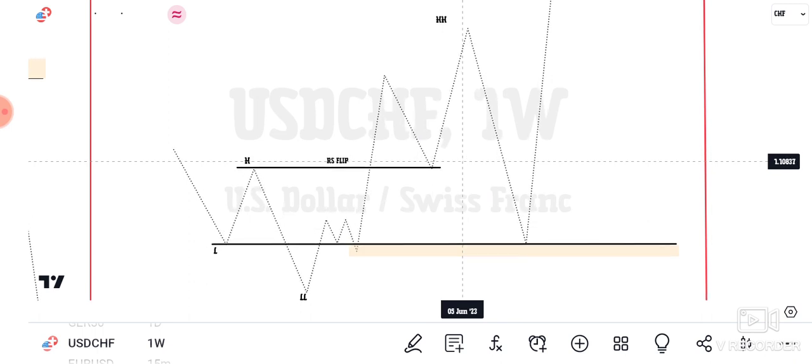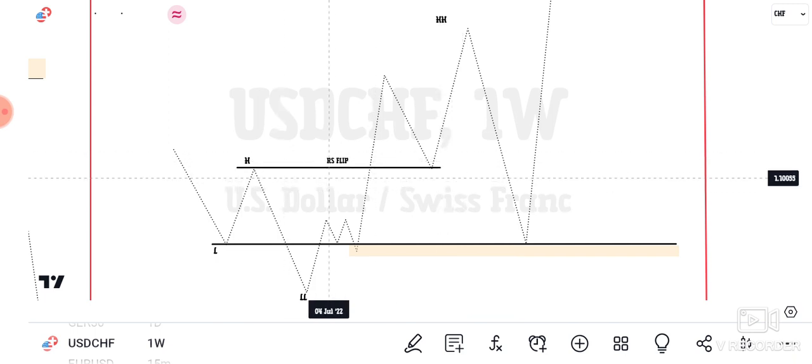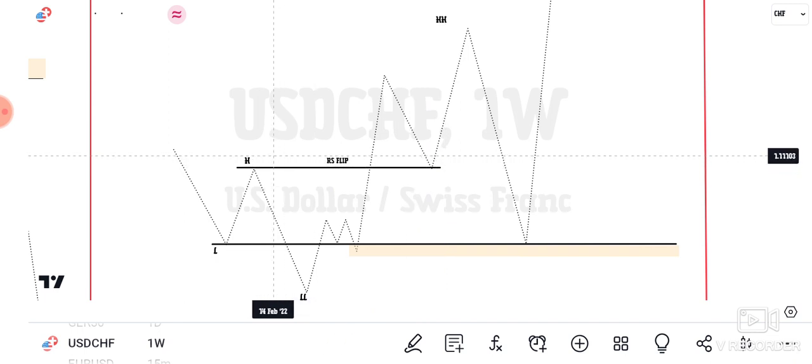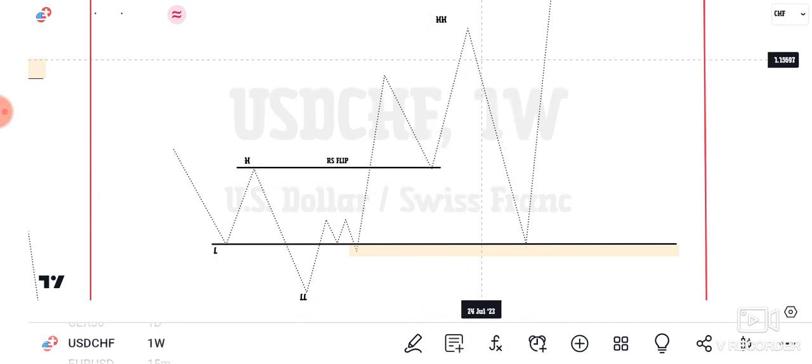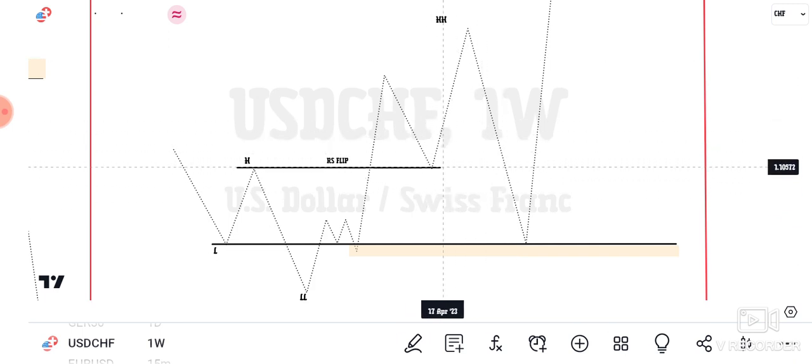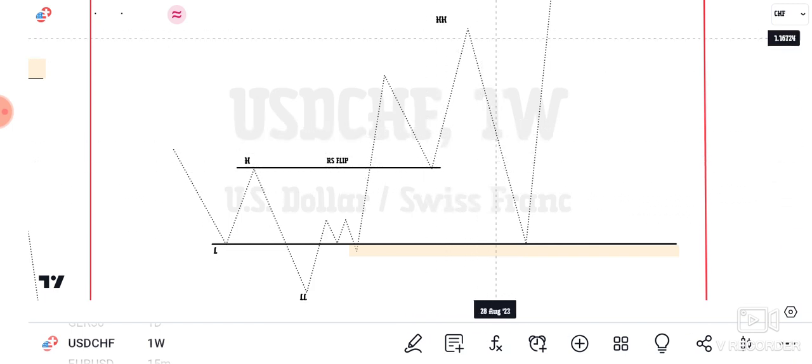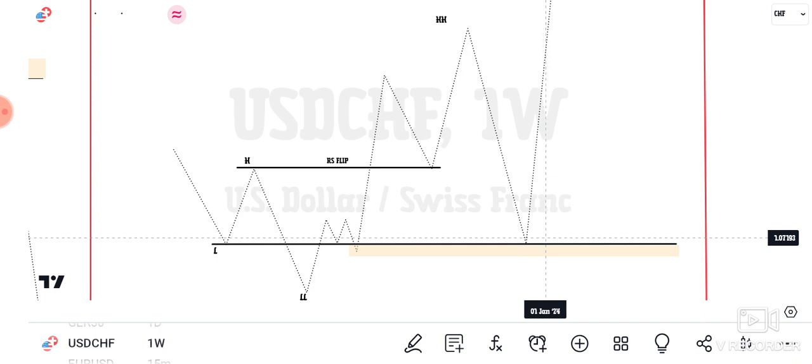We have so many types of fake outs. I've just identified one. This one is an RS flip. This one was a resistance, this one became a support. Then you can see the market reacted on the fake out area, then came back to our zone. That is what happens in the market.